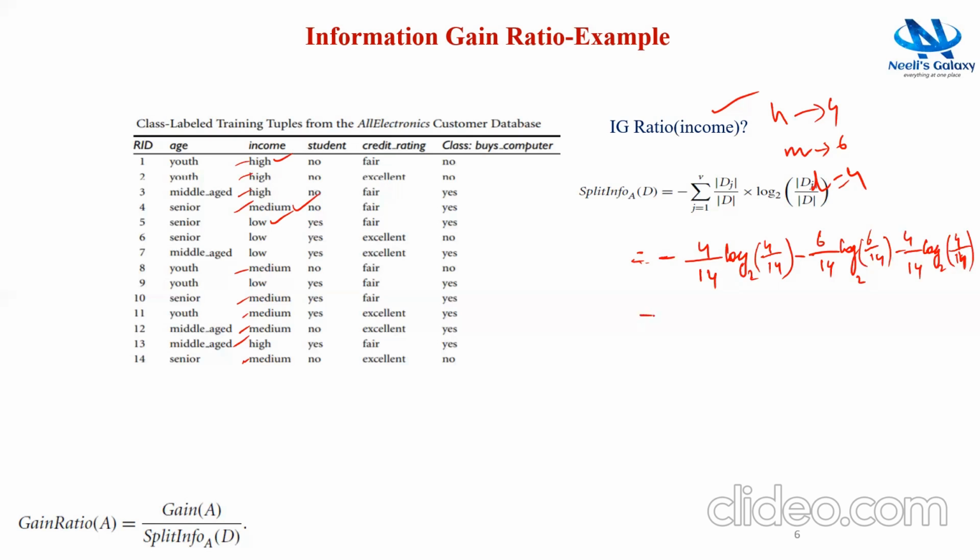By calculating, you can get 1.557 bits. This is the split information.